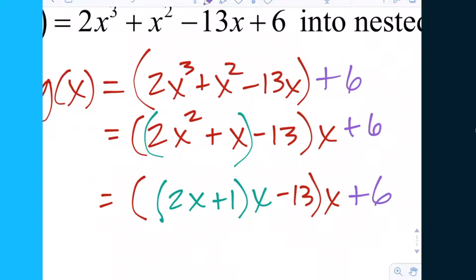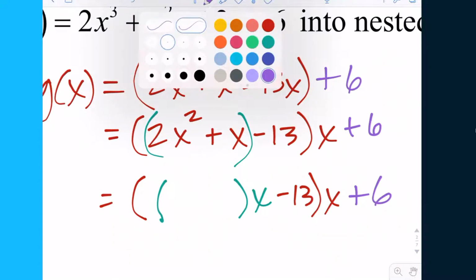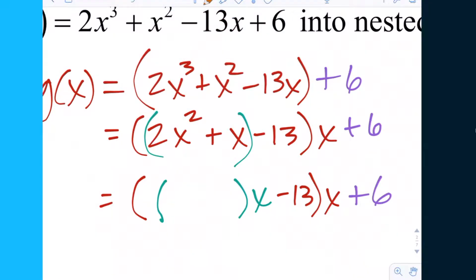And we can stop there because if you go inside the innermost parentheses, you just see 2x plus 1. If you wanted to, you could change the color, let's choose a different color here, like burnt orange, and you could put a parenthesis around that x if you want, like that.